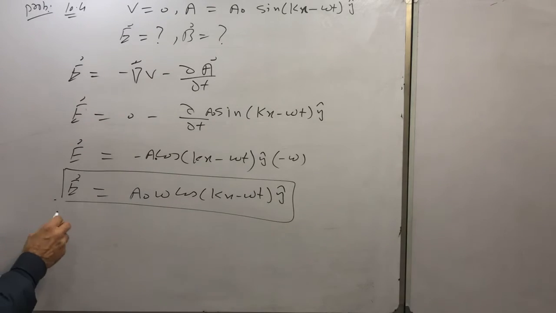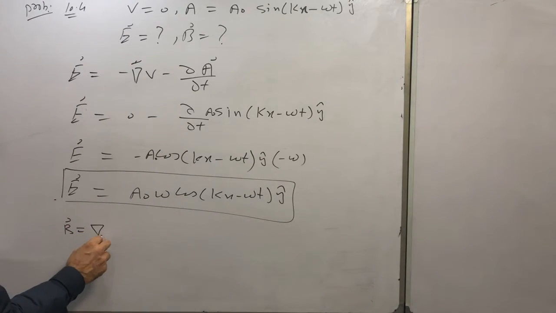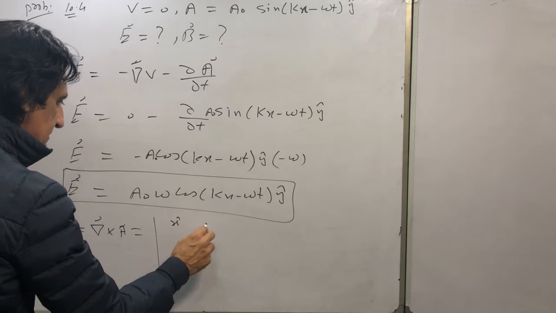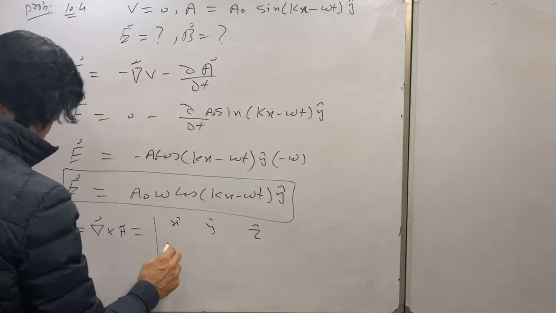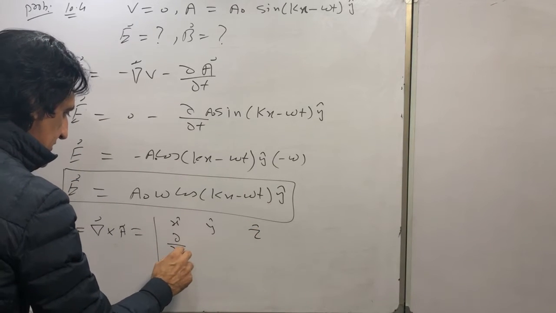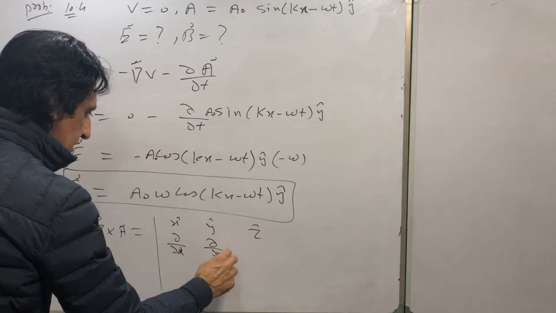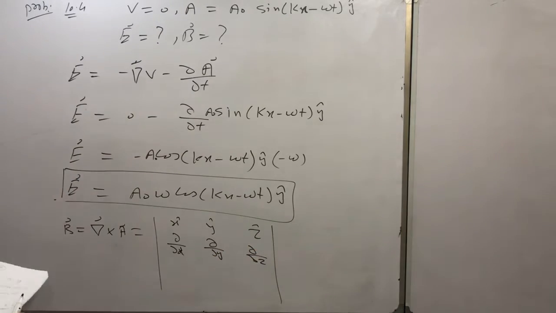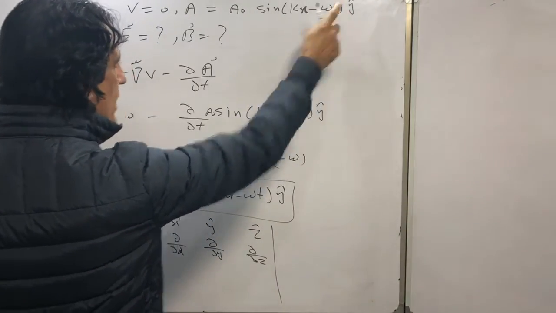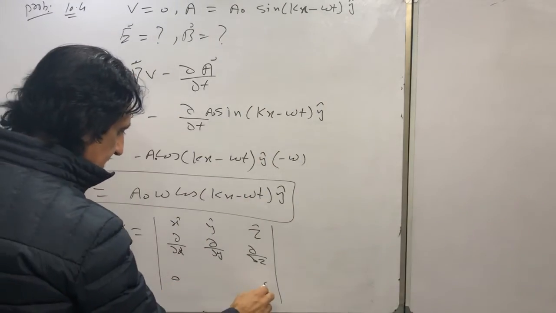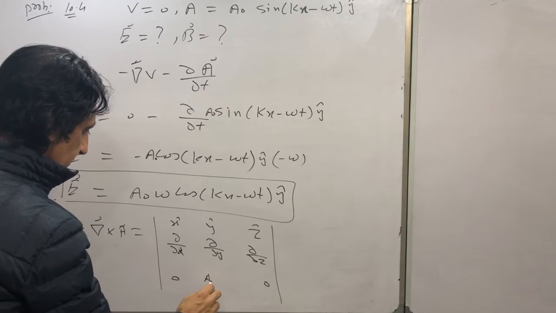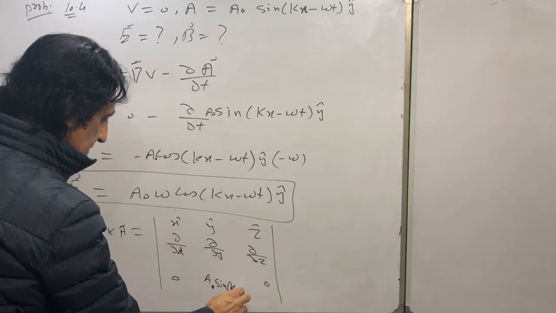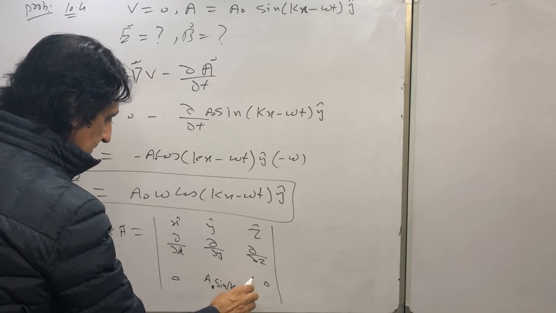The magnetic field can be found from del cross A, which is the determinant with x, y, z, partial derivatives with respect to x, y, and z, and the components of A. There is only a y component, A naught sine of (kx minus omega t).